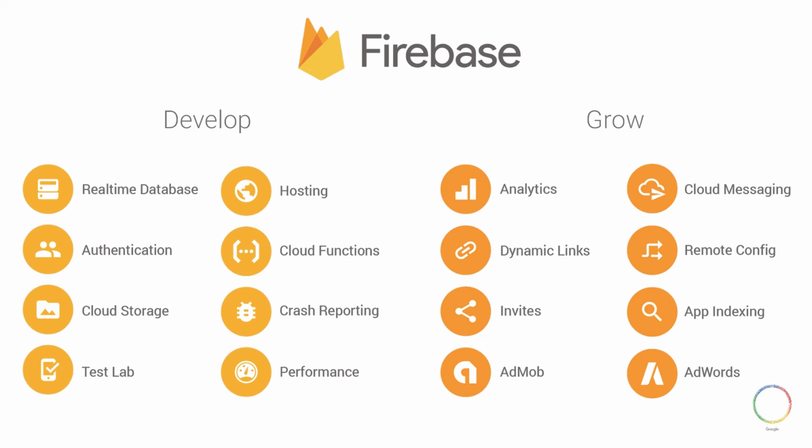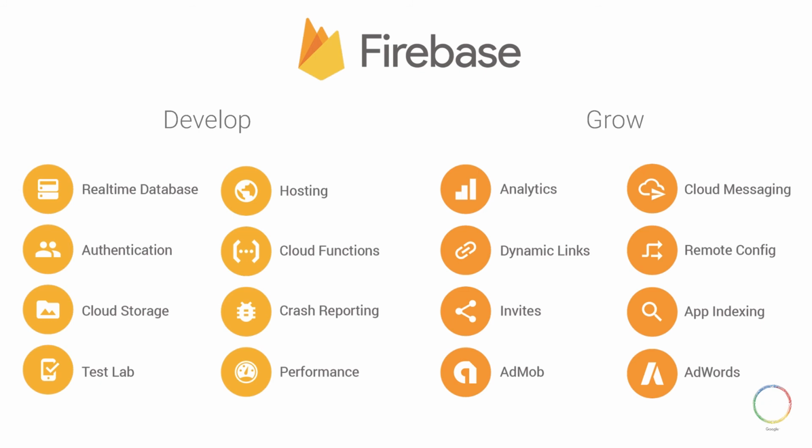And I'm focusing on the ones on the right-hand side of this diagram. Analytics is there free of charge and offers so many things, from a map of your users to a filter on which dynamic links are working, which messages are working, which remote configuration variables are working. Through things like Cloud Messaging, you can send reliable real-time messages to the right people so that they will receive them and act on them, and you can continue to test that.